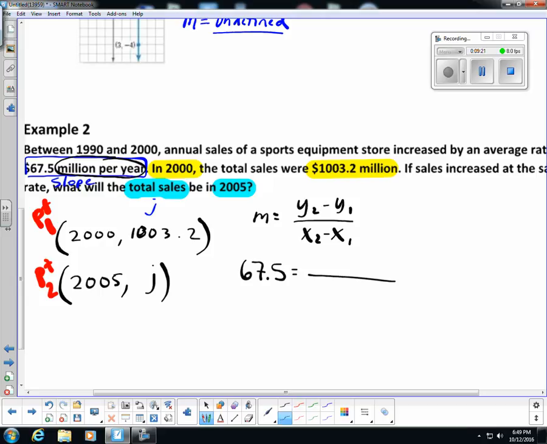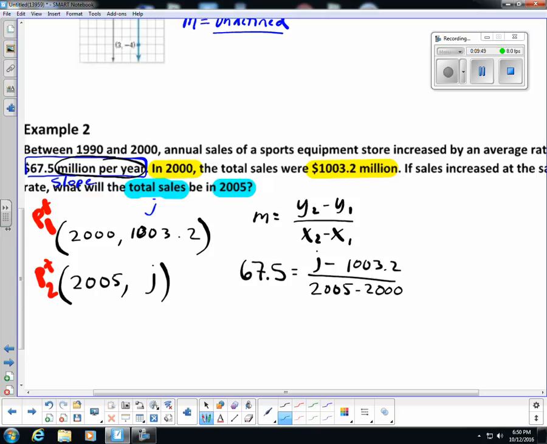Okay? All right, so x sub 2, all right, let me go back. Y sub 2, which is J, minus y sub 1, which is 1003.2. Okay? And then x sub 2 is 2005 minus x sub 1, which is 2000. Okay, so again, your most recent point, your most recent data is point 2. Okay, so we go through all this.